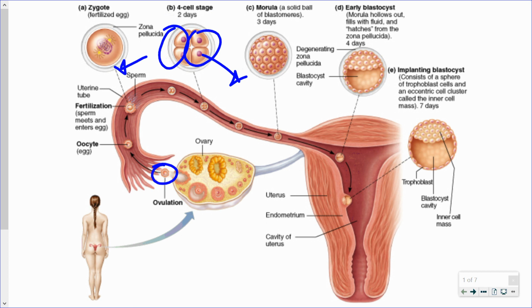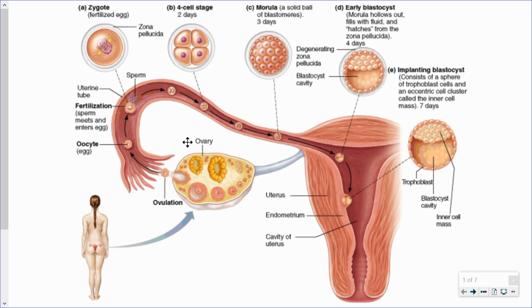As they divide independently, eventually they will go through all of the normal stages of development as they would if they remained stuck together. And this would result in identical twins because they did arise from the original single cell, the fertilized egg, that zygote in the first place. So that would be the source of identical twins.